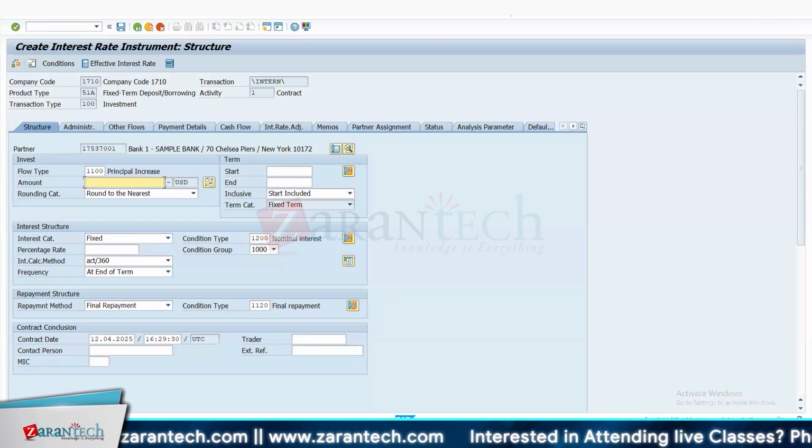Any questions? But before creating the deal, we will discuss the product type and the business partner in detail, right? Yes, we'll also discuss business partner and product type, but if you have some more questions, we can discuss. Right now, I don't want to go into the configuration stage. I just want you to first understand the basic concepts of treasury, how the treasury process flow looks, and then we'll go to the configurations also.